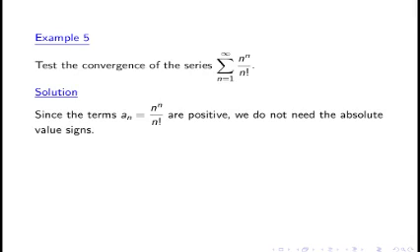Example 5. Test the convergence of the series, the sum from 1 to infinity, of n to the n divided by n factorial. Since the terms an equals n to the n divided by n factorial are positive, we do not need the absolute value signs.